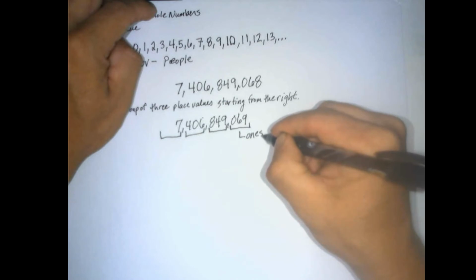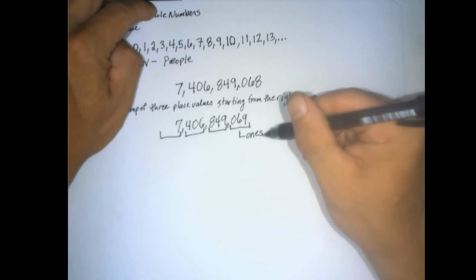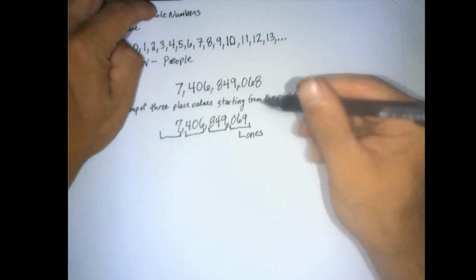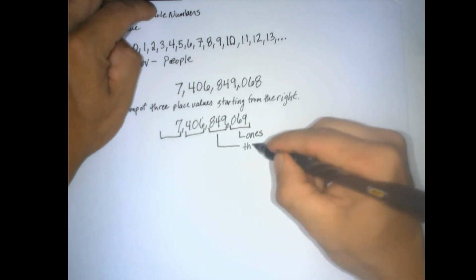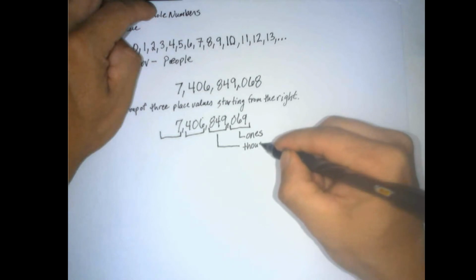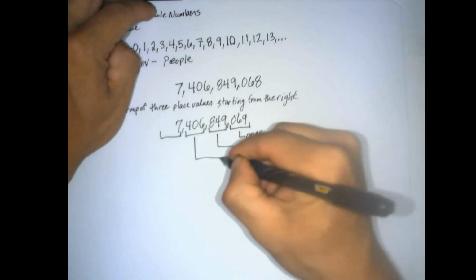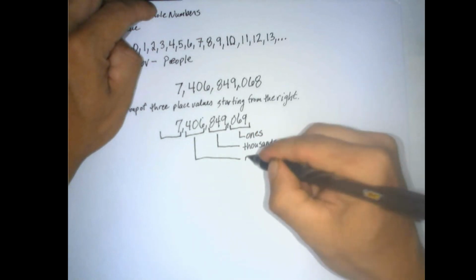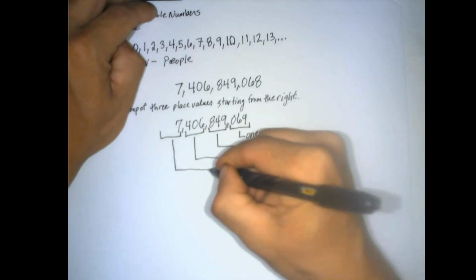And when we name numbers, we don't say this period. We say all the other period names. Following the ones is the thousands. And after thousands is millions. And after the millions is billions.